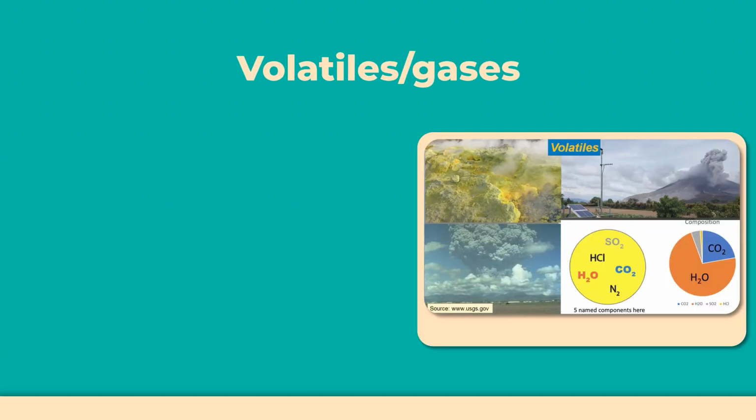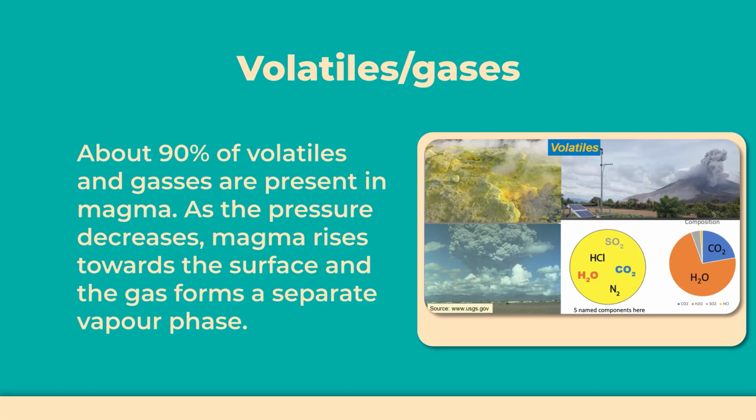Volatile gases. Around 90% of volatiles and gases are present in magma. As the pressure decreases, magma rises towards the surface and forms a separate vapor phase. Let me give you one example.